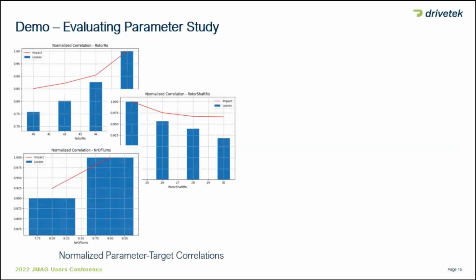First of all, we can just look at the numeric results, or we can employ statistics to display the normalized correlation values. Shown here are parameter correlations for losses and the resulting impact for 3 parameters, but this can be done for every single one. And this helps us to determine a suitable parameter range.